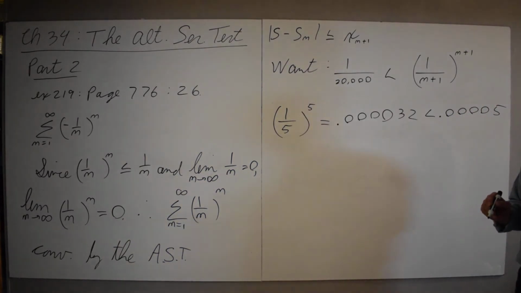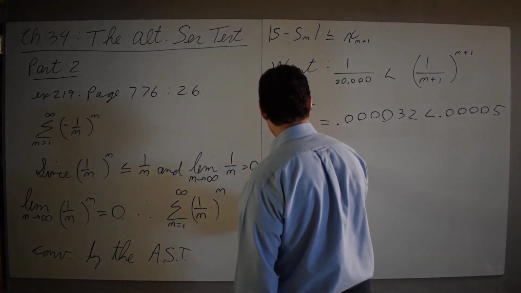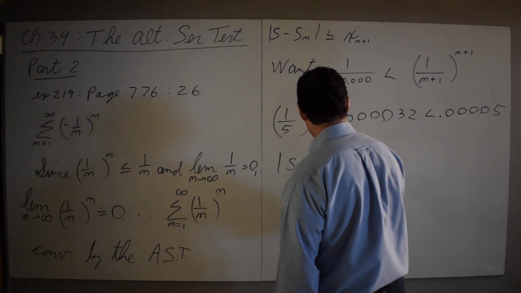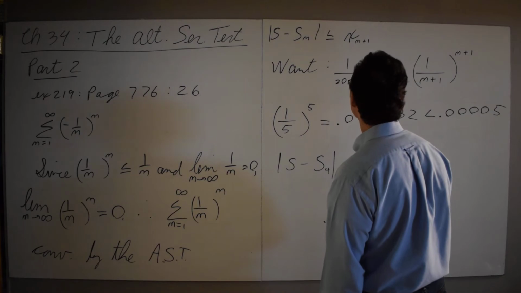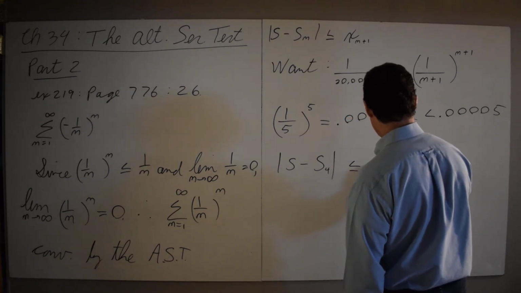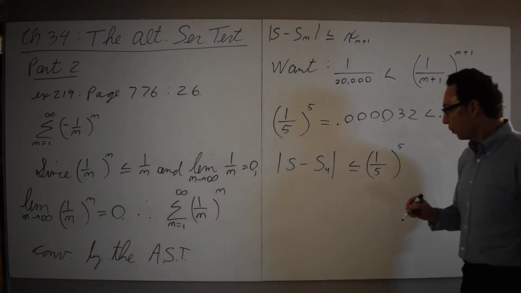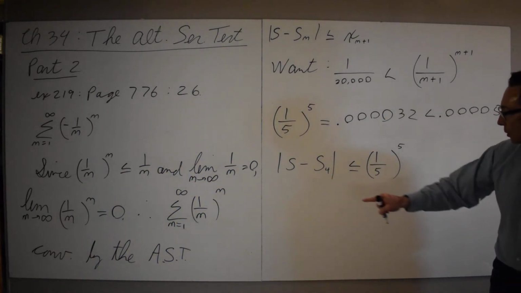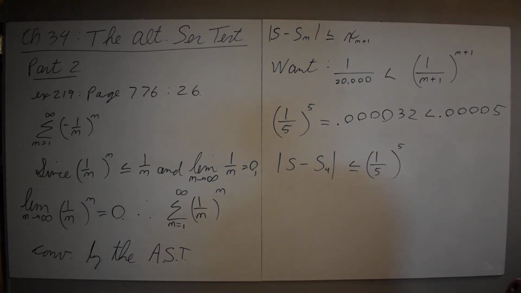And so what this tells us then is that S minus S sub 4 is less than or equal to 1/5 to the 5th. This is what the remainder estimate for the alternating series test tells us.